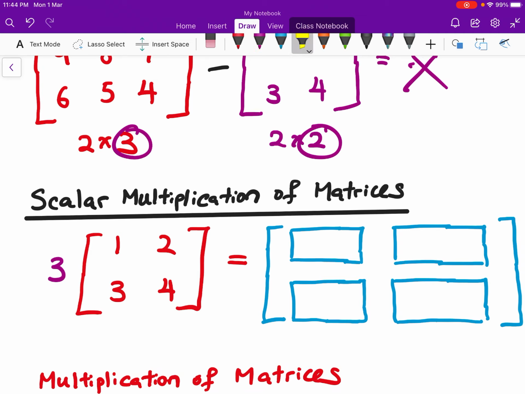If I have a matrix, I multiply it with a scalar. A scalar means a number. It can be a whole number, it can be a fraction.